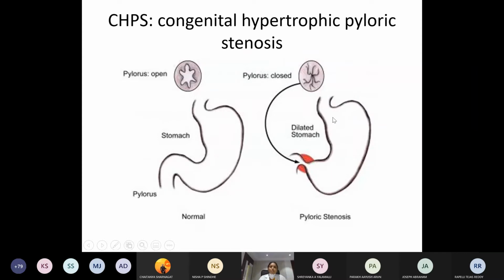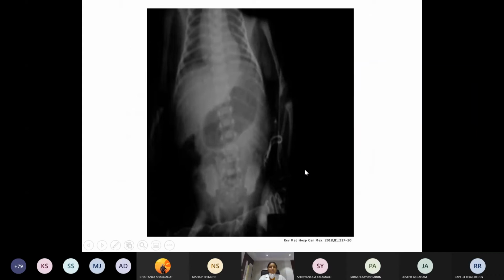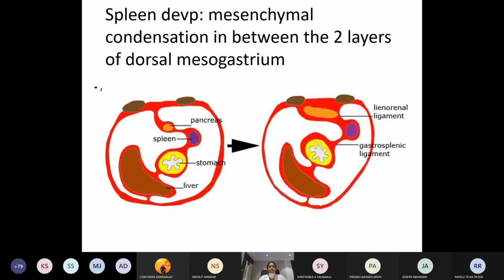So that is the sign of pyloric stenosis. They are repaired surgically. This radiogram shows the enlarged stomach. If you find this, that means there is some abnormality beyond the stomach, at the distal part of the stomach. Clear? Okay.